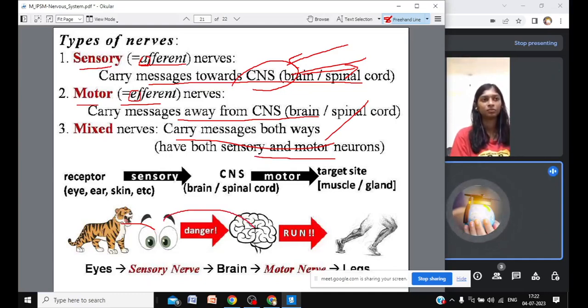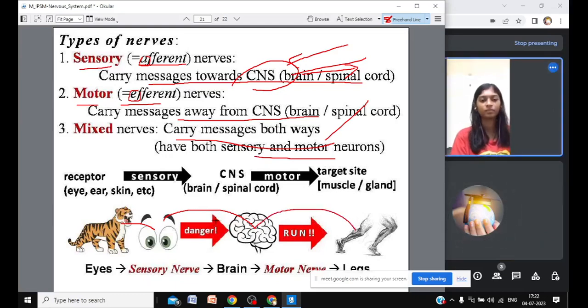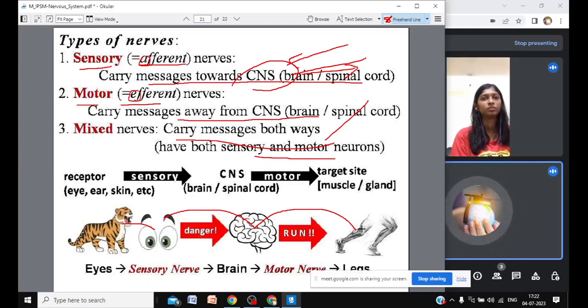And the central nervous system will tell the legs to run as fast as possible. So when the eyes send the message to the brain, it is a sensory nerve. And when the impulse is going out of the brain to the legs, then it will be motor.